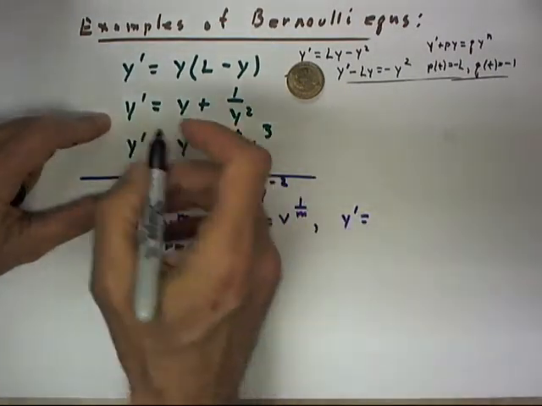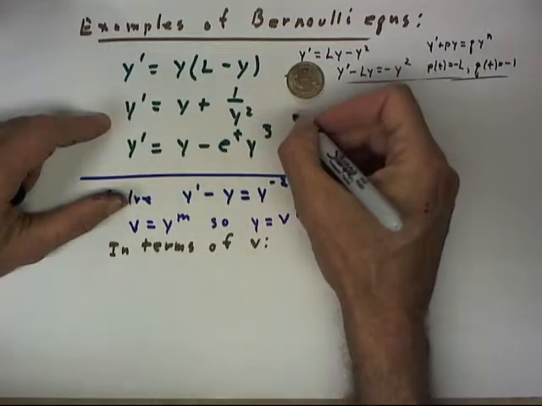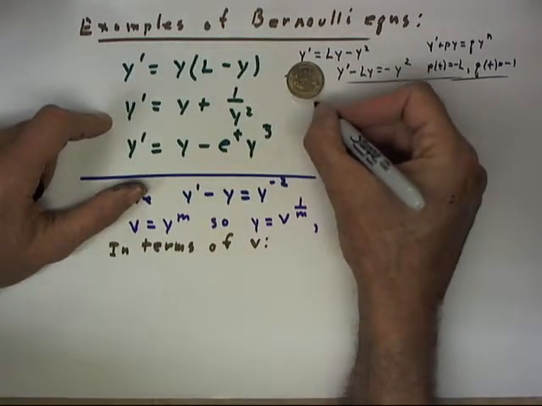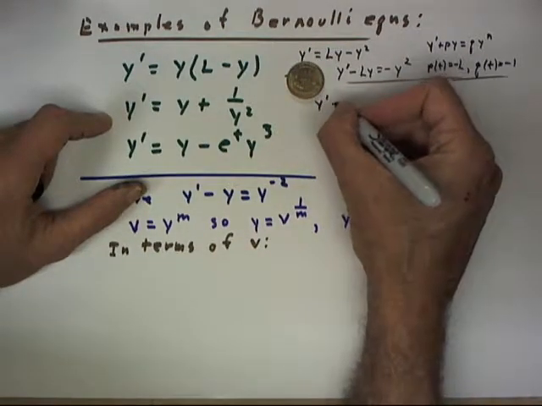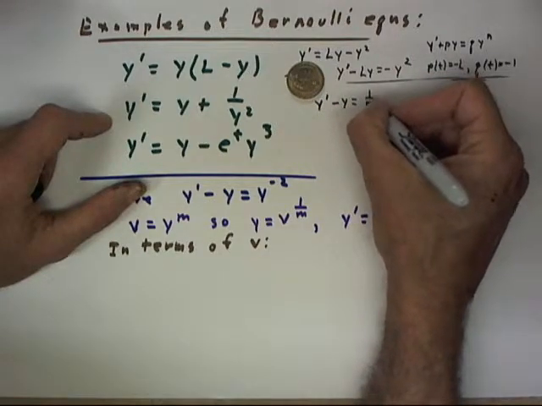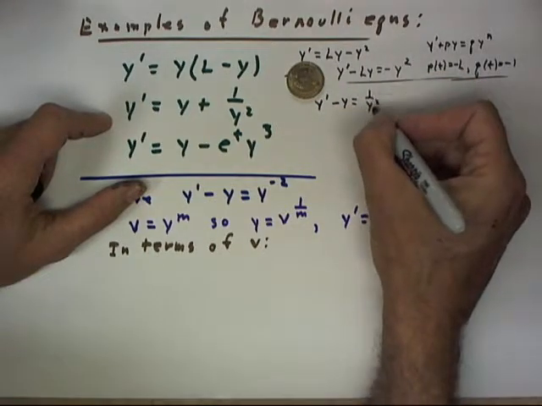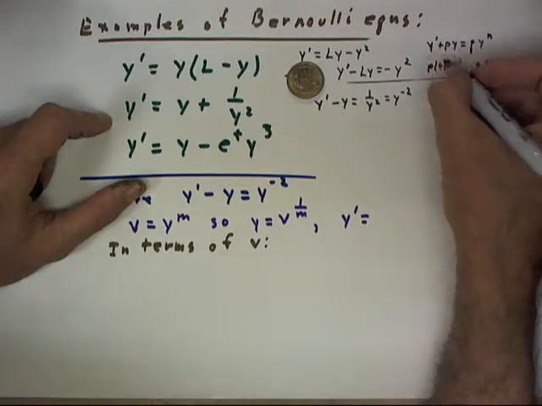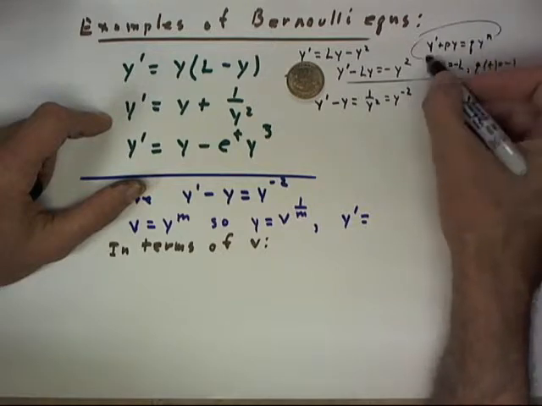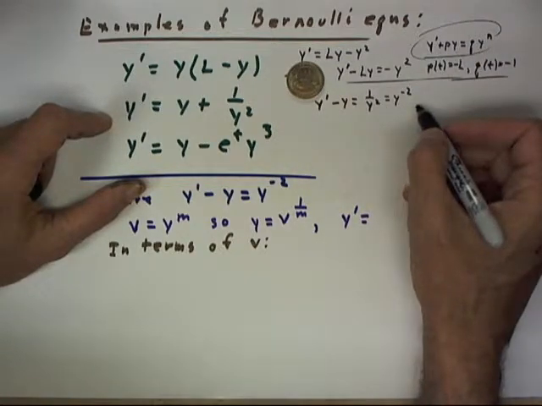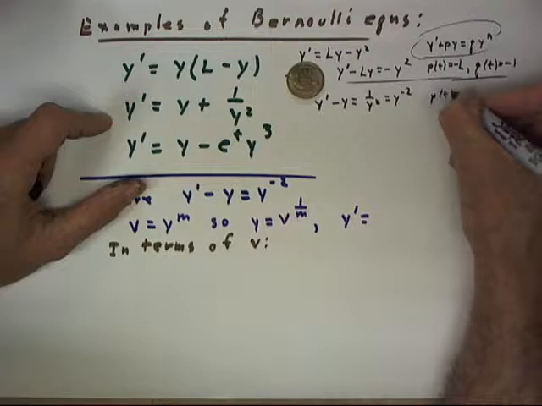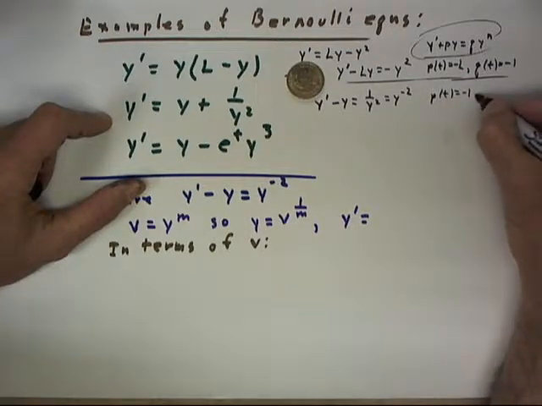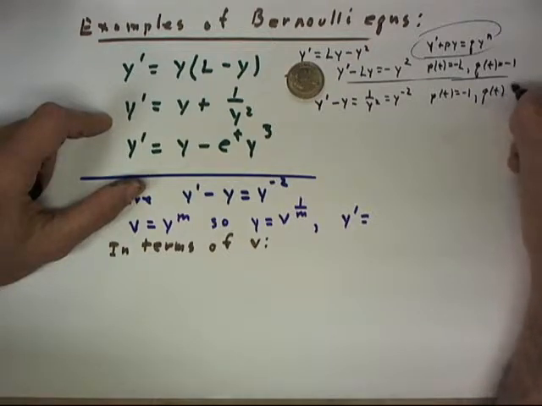This second equation, y prime equals y plus 1 over y squared. Let's write that out as y prime minus y equals 1 over y squared. Now 1 over y squared is y to the negative 2, so this is also of the form required for Bernoulli equation, with p of t equal to negative 1 and q of t equal to 1.